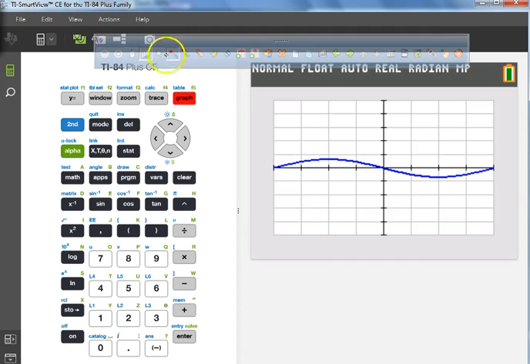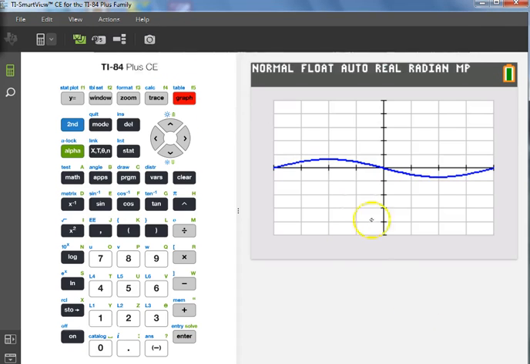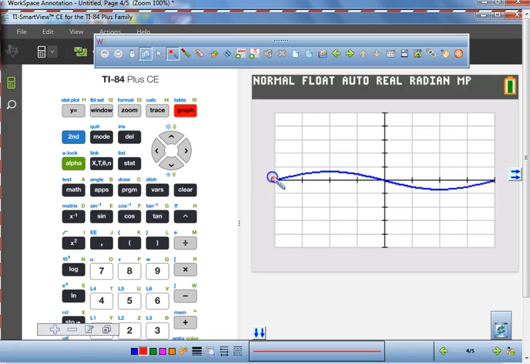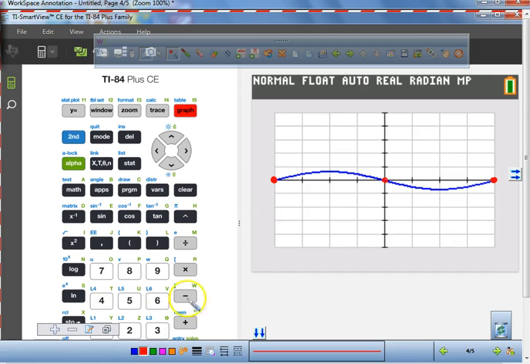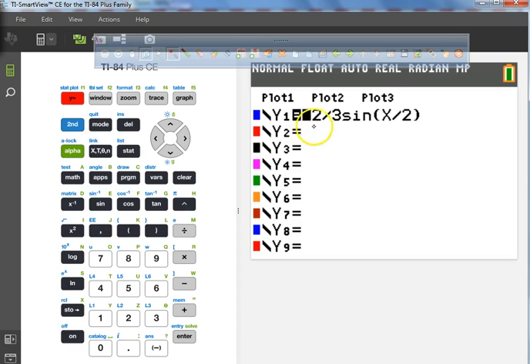There it is. So, first thing I'm going to do, Josiah, I'm going to put a 0 right there, and a 0 right there, and a 0 right there. Yeah, Josiah, you should be good. Hey, no, I'm going to check. Right here, let's check y equals negative 2/3 sine of x over 2, or theta divided by 2.